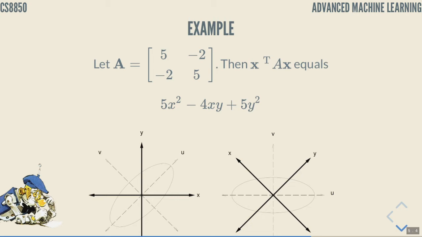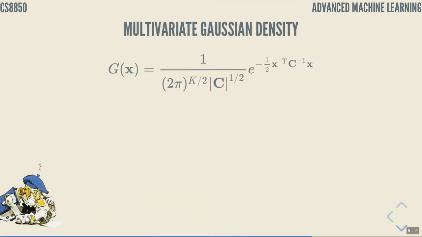And the interesting part is that if you look in x and y, the ellipse is tilted. But if you look in u and v, the principal axes of the ellipse, then of course the ellipse is, let's say, flat.